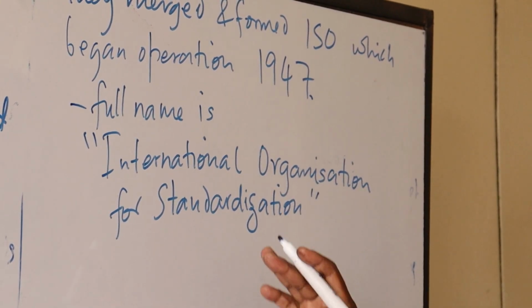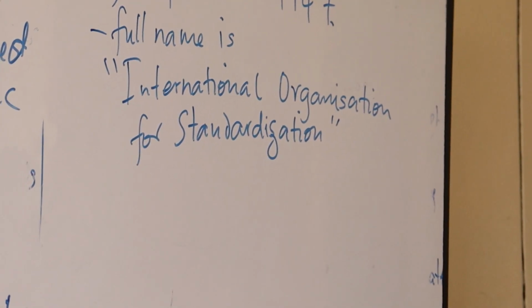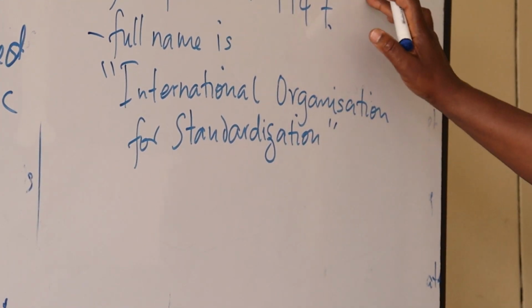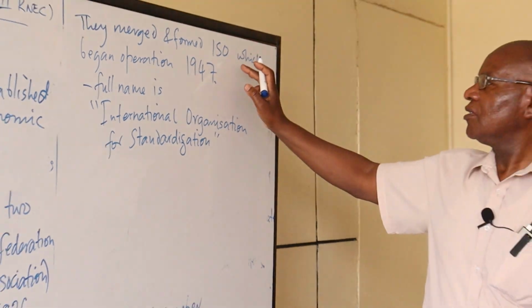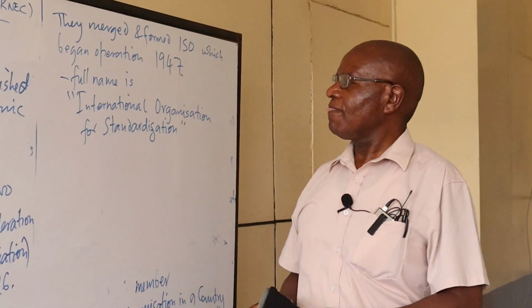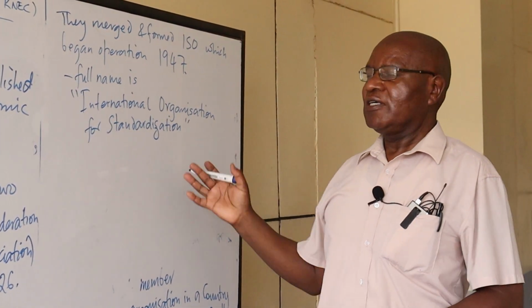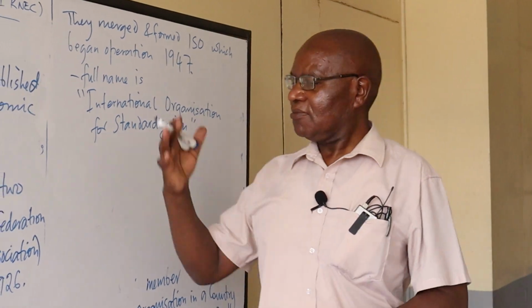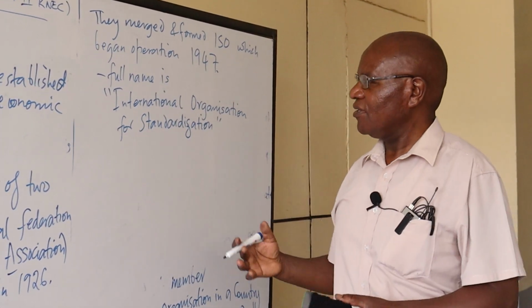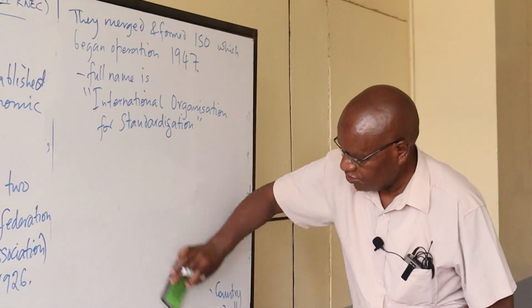That is the full name. And of course, ISO was an abbreviation from a Greek word known as isos, which means equal. But as you know, in most of these international organizations, there's nothing very much equal. The bigger boys dictate terms for the other fellows.